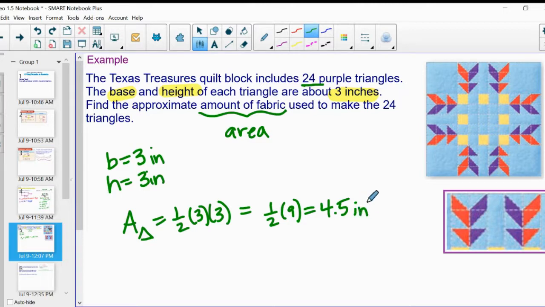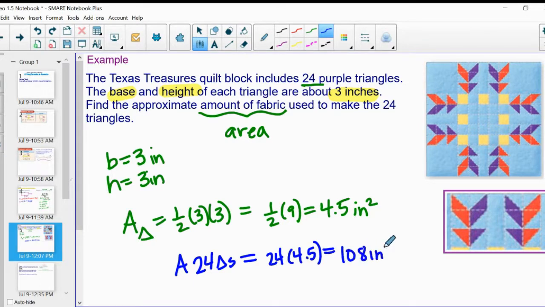And this is inches squared. So if one triangle is 4.5 square inches, then the area of 24 triangles would be just 24 times 4.5, which is 108 inches squared.